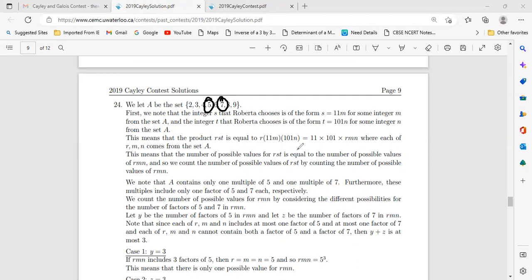Similarly, we count the number of possible values for r, m, n by considering the different possibilities for the number of factors of 5 and 7 in r, m, n. Let y be the number of factors of 5 in rmn and z be the number of factors of 7 in rmn. So you're just going to assume two variables, y and z.